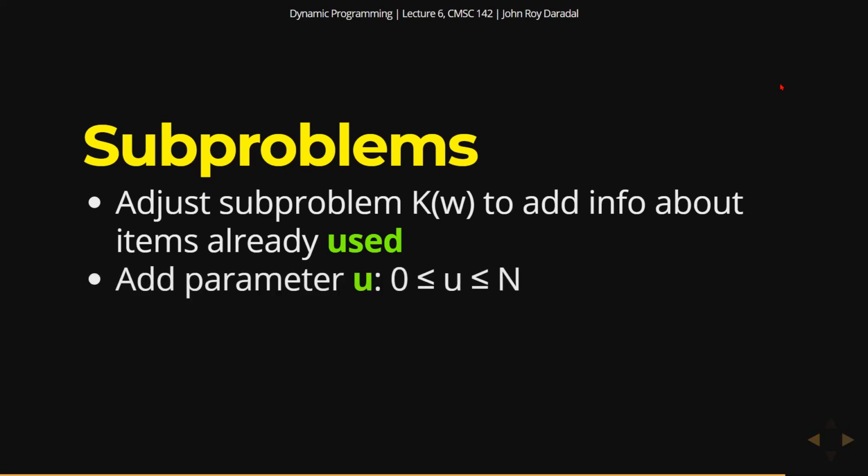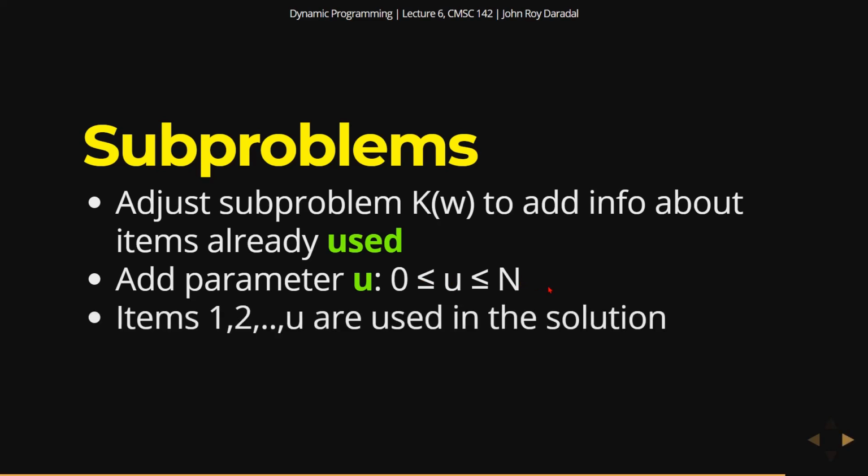So what we will do is we'll add another parameter, we'll call it U, where U ranges from 0 to n, and what this will tell us is that if it's up to item U, then items 1 up to U are used in the solution. So if, for example, the U's value is now 3, then we know that items 1 up to 3 have been used in the solution.